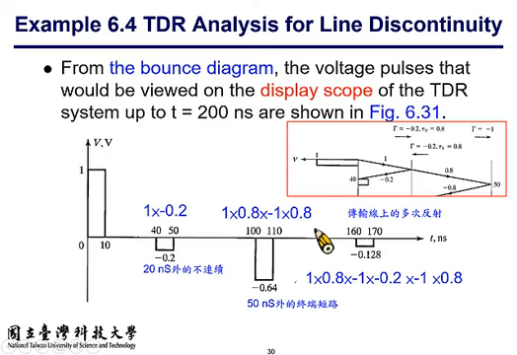So the voltage of the reflected signal is minus 0.2. It takes 20 milliseconds to reach the discontinuity and another 20 milliseconds to bounce back. So the time that we observe this minus 0.2 signal shall start at 40 milliseconds. And because the impulse lasts for 10 milliseconds, it ends at 50 milliseconds, right?